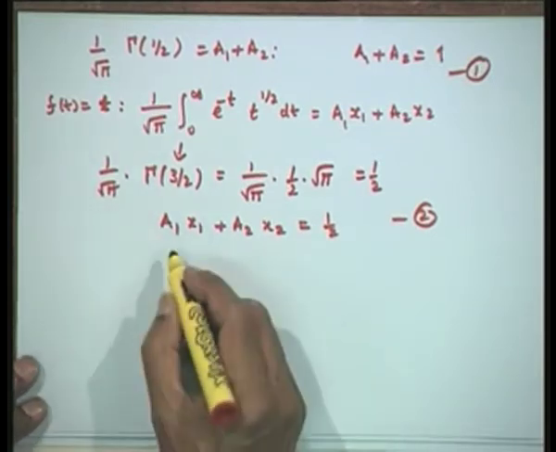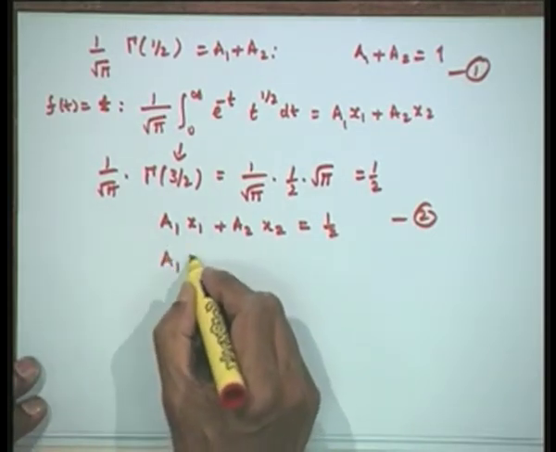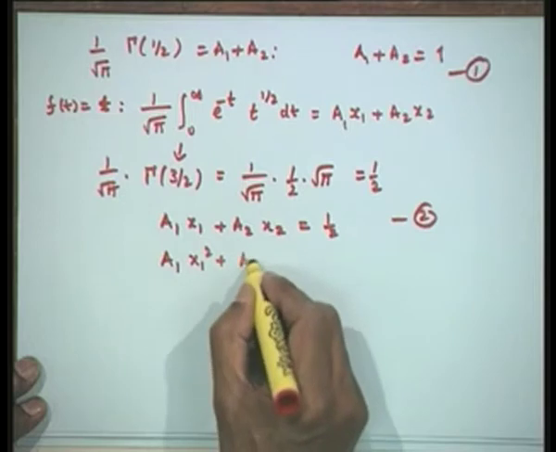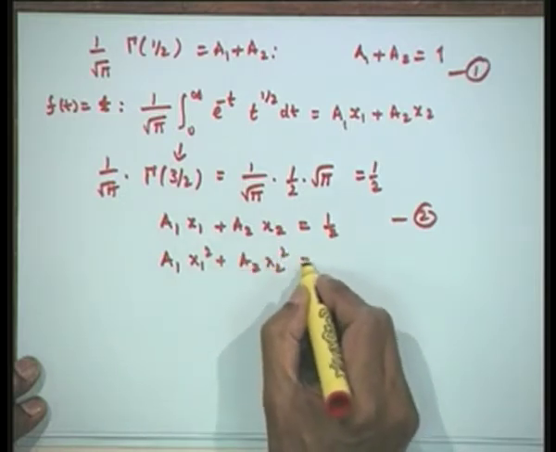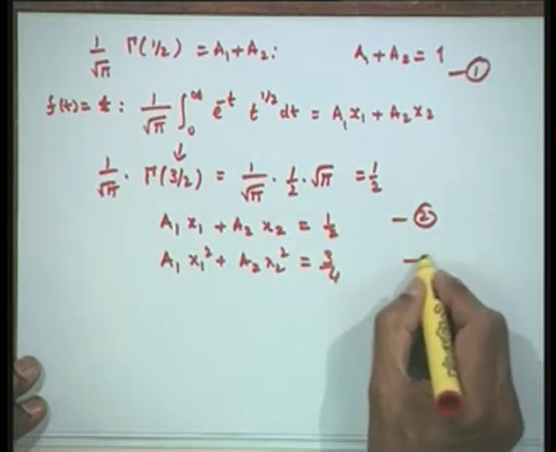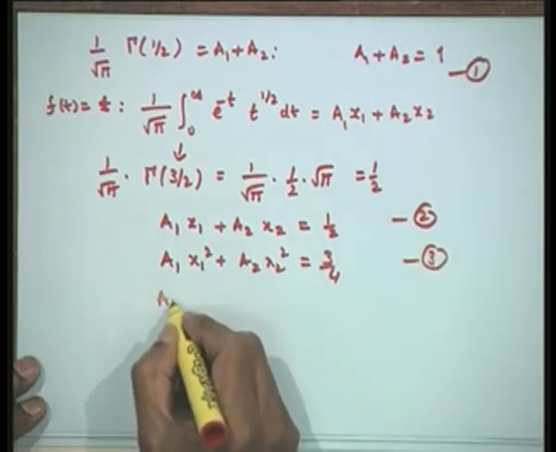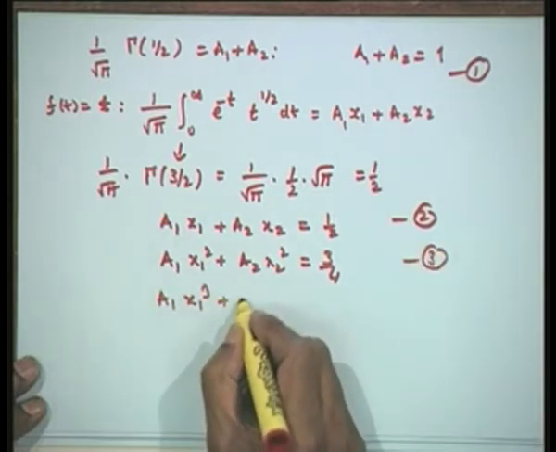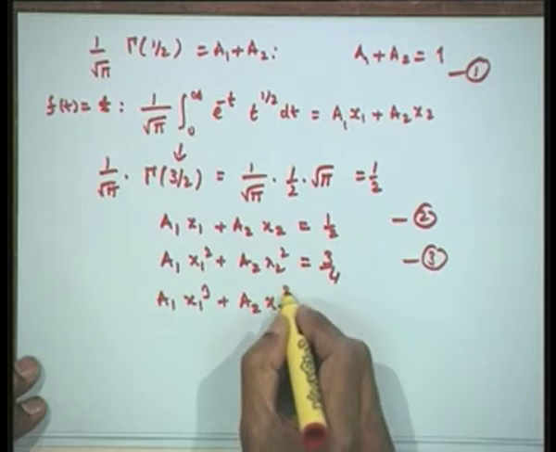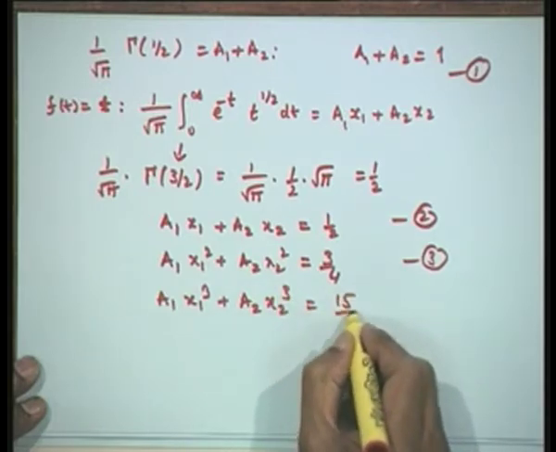And similarly I will give the remaining equations. You will get a1 x1 squared plus a2 x2 squared is equal to 3 by 4, that is equation 3, and a1 x1 cubed plus a2 x2 cubed is equal to 15 by 8.